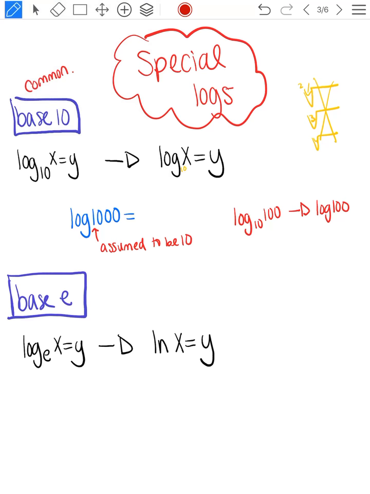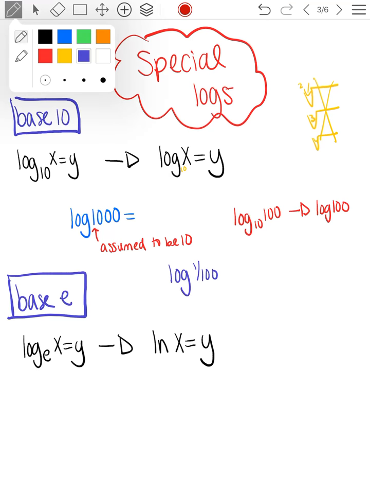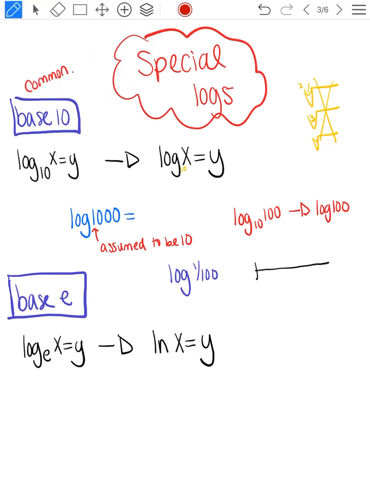So just to do an example problem, what's log of 1 over 100? Well, I'm going to make my number line starting at 1. And then, what do I multiply by? Well, there's no number there, so that means we're multiplying by 10. So 10, 100, 1,000.